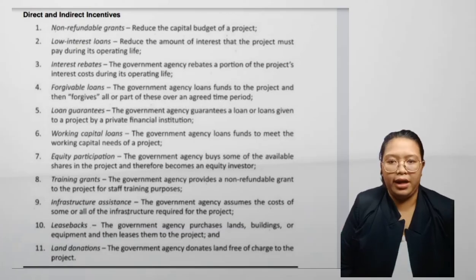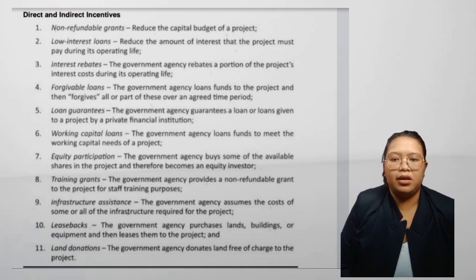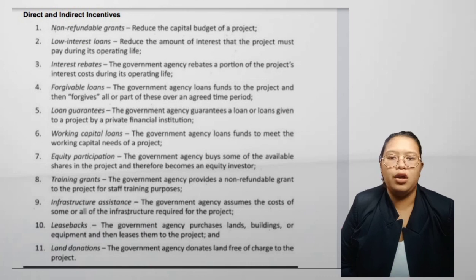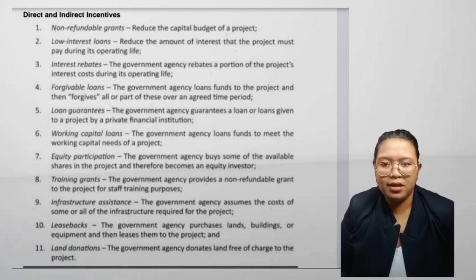Direct and indirect incentives. 1. Non-refundable grants. Reduce the capital budget of a project. 2. Low interest loans. Reduce the amount of interest that the project must pay during its operating life. 3. Interest rebate.